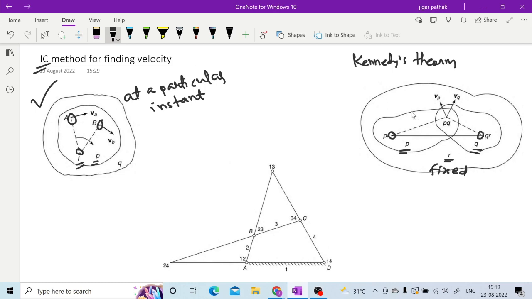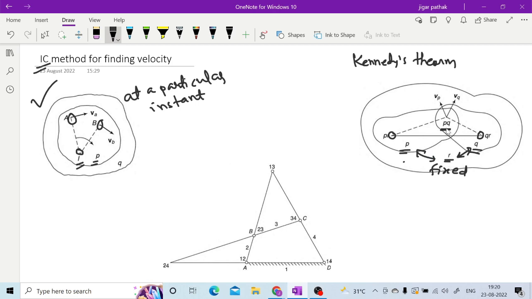Now, PR and QR are nothing but the instantaneous centers of rotation between links P and R, and between links Q and R.